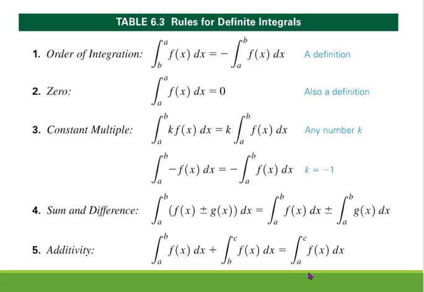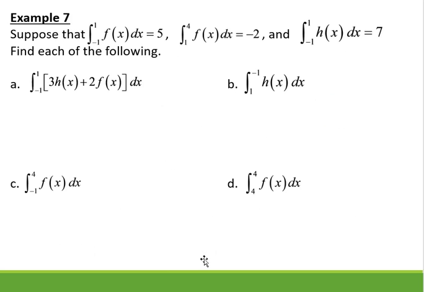Okay, so our first example here. Suppose that I know the integral from -1 to 1 of f of x dx is 5, 1 to 4 of f of x dx is -2, and -1 to 1 of h of x dx is 7. So I need to find the integral from -1 to 1 of 3h of x plus 2f of x.